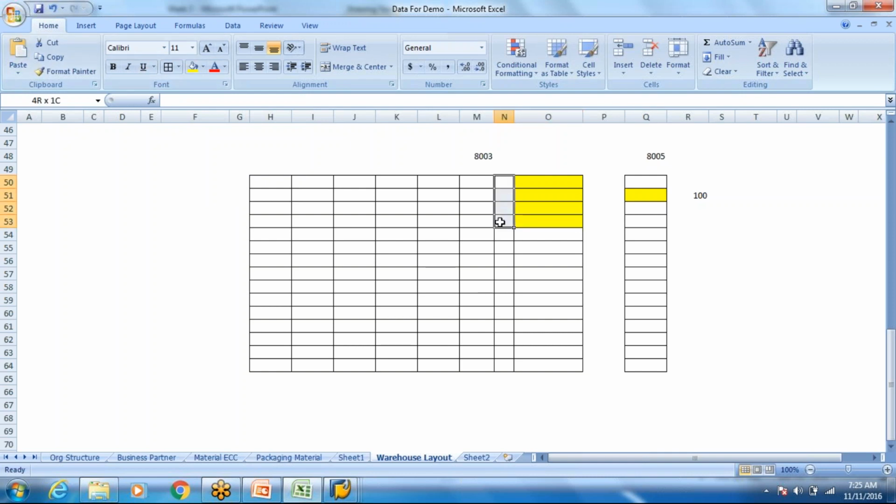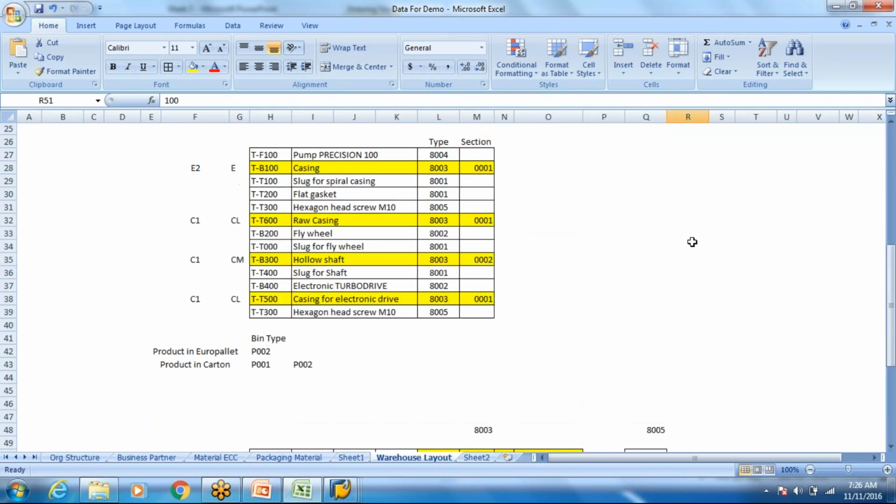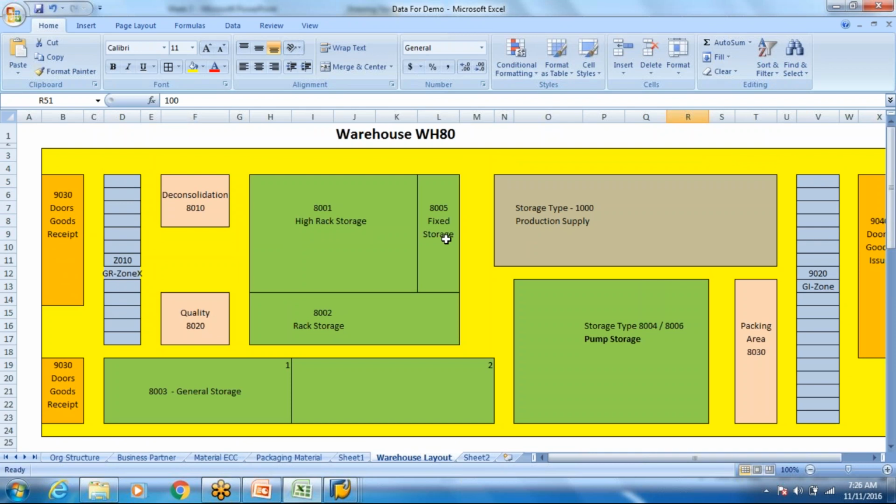So let's say we take 4. So it's easy to replenish from here to here. Correct? So basically what we are saying here is put away should happen in near fixed bin and stock removal should happen from fixed bin. So the example which we saw before is simple.